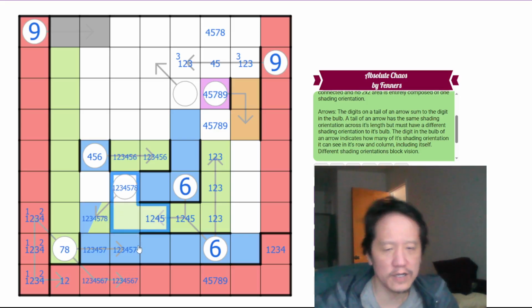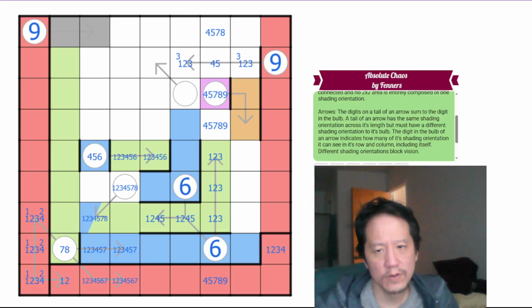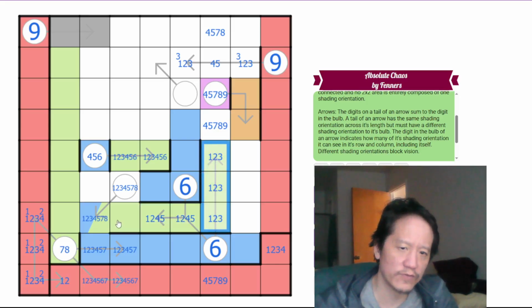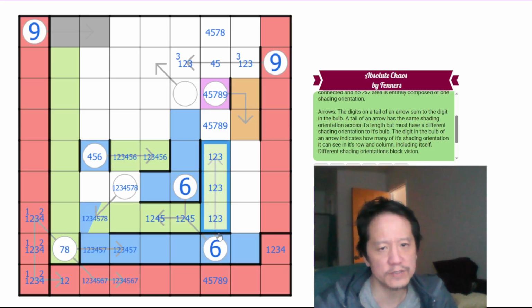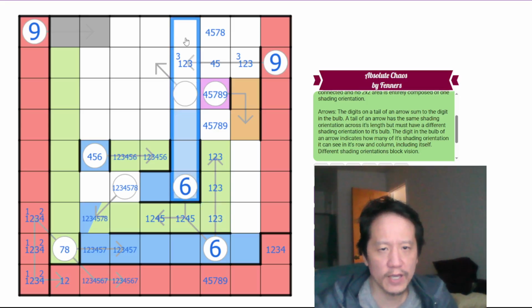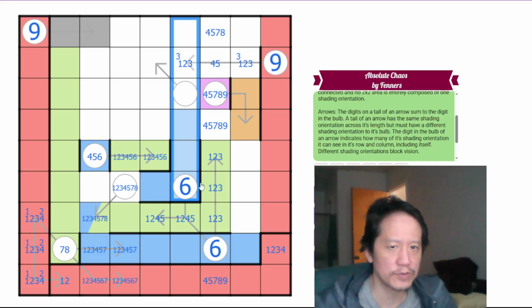I guess it could connect here. This is a separate region, because this has to be a separate region from this, because we have a duplicate here. One of these is 1 or 2, and this is 1, 2, or 3, obviously. But we can't go all 6 this way. We've just shown that.